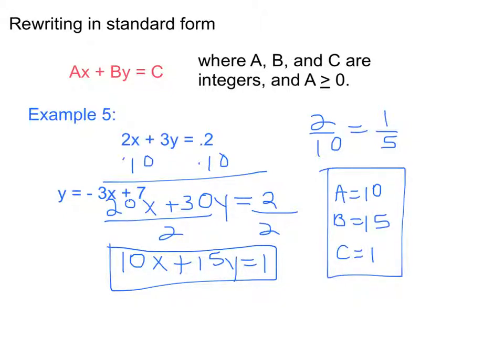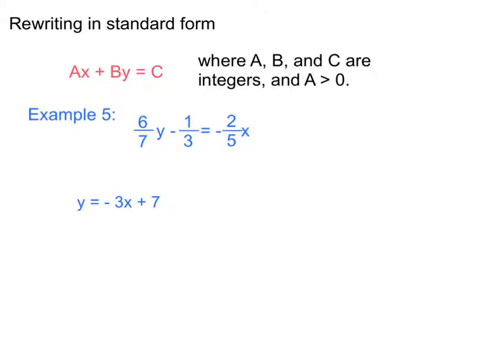And that's standard form. Let's do another example with a lot of fractions in it. In this example, we have 3 different fractions we have to worry about. So we need to get rid of dividing by 7, 3, and 5. So we're looking for the least common multiple of 7, 3, and 5, because multiplying by that will make all 3 of these fractions reduce to whole numbers.